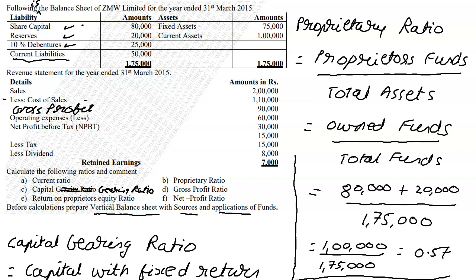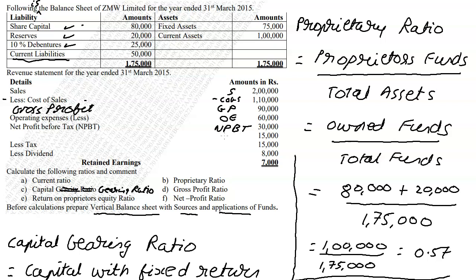Now, our next ratio is the return on proprietor's equity ratio. Keep in mind that you're starting off with sales. You are subtracting cost of goods sold, you get yourself gross profit. Once you subtract your operating expenses, you will end up with either operating profit or what these guys are calling net profit before tax.